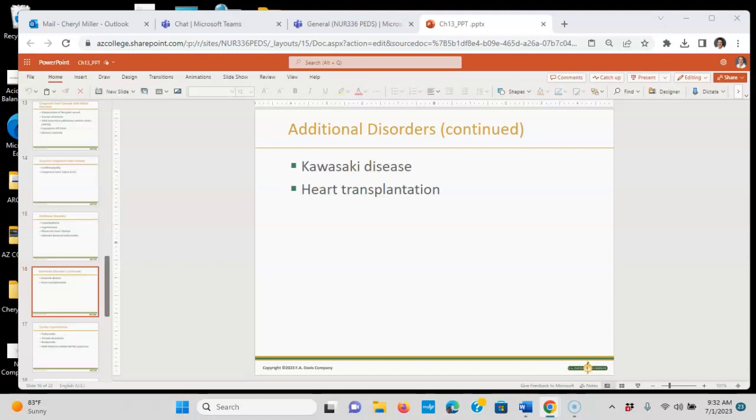They have TET spells. Whenever you hear TET spell, you want to decrease their height, which means pulling their legs up on their chest or telling them to squat down. That helps with the flow. So hypoxic brain injury and death from these TET spells.